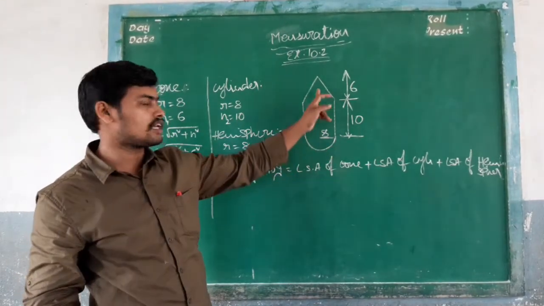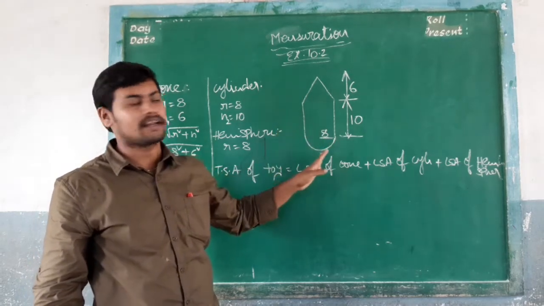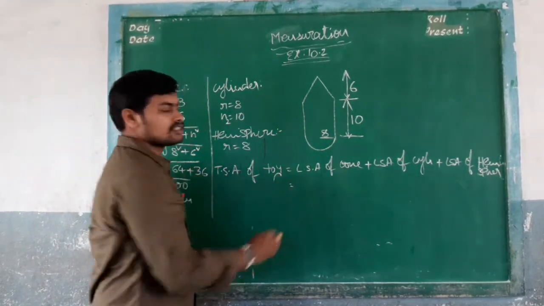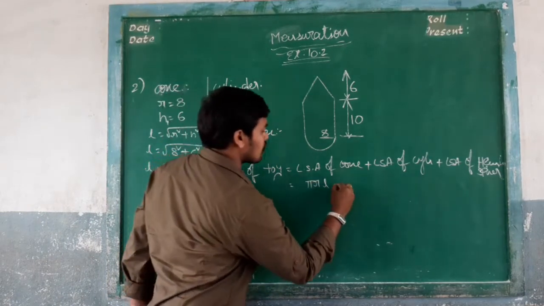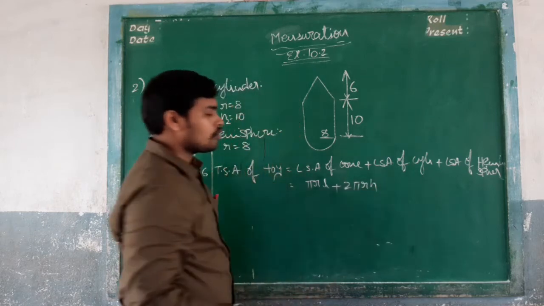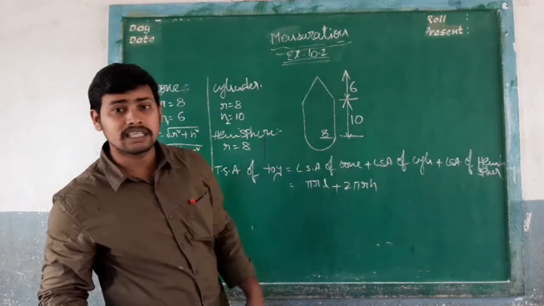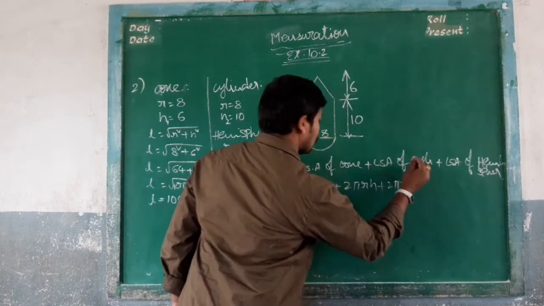So the lateral surface area of the cone plus the lateral surface area of the cylinder plus the lateral surface area of the hemisphere. The lateral surface area of the cone formula is pi r l. The lateral surface area of the cylinder is 2 pi r h. The lateral surface area of the hemisphere is 2 pi r square.